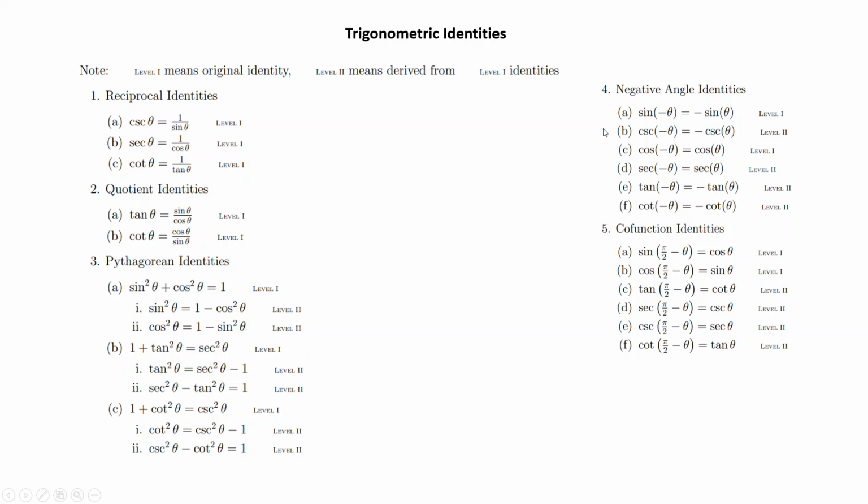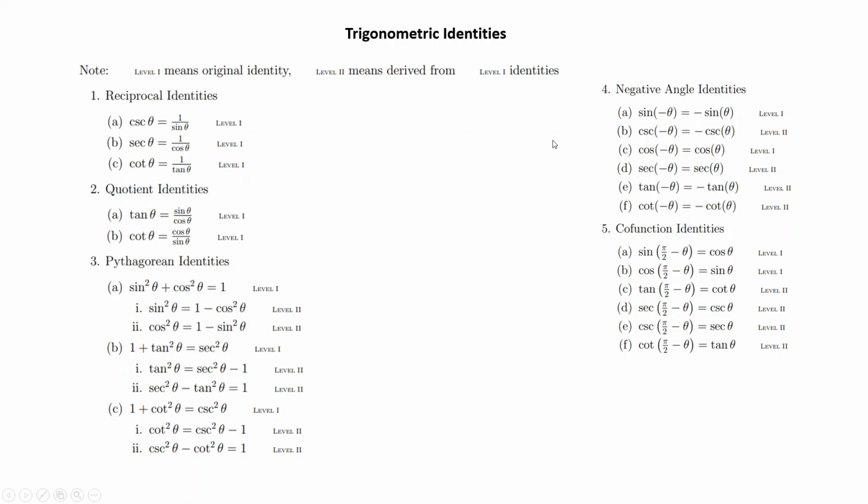In general, if f of negative x is equal to f of x, then such a function f is called an even function. However, if f of negative x equals negative f of x, like the sine is, then we say that's an odd function.